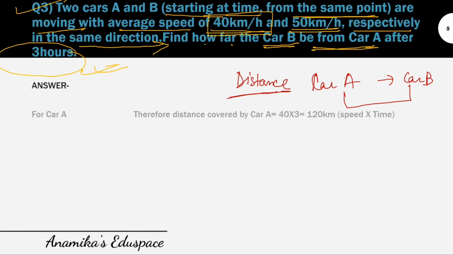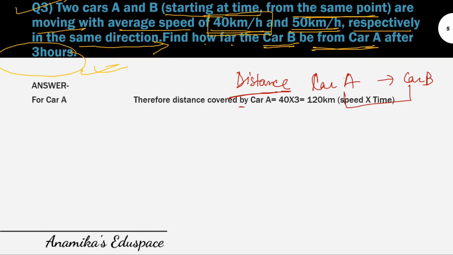So answer: the distance covered by car A. Let us see. The distance covered by car A is 40 into 3, because time is 3 hours and the speed is 40. So 40 into 3, the distance will be 120 kilometers. Clear?